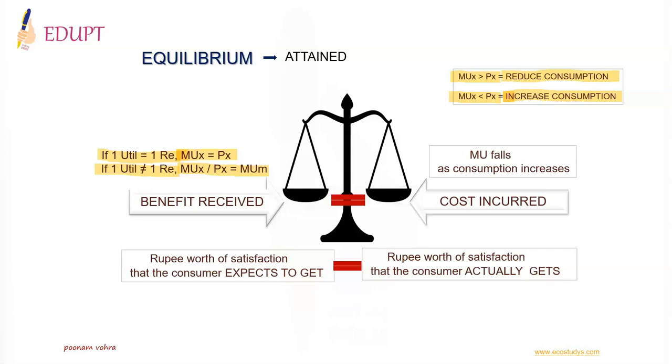Second condition is that marginal utility must diminish as more and more units of a commodity are consumed. When these two conditions are satisfied, then benefit received from consuming a good is same as the cost incurred to consume a good. At this point, rupee worth of satisfaction that the consumer expects to get is exactly same as the rupee worth of satisfaction that the consumer actually gets.